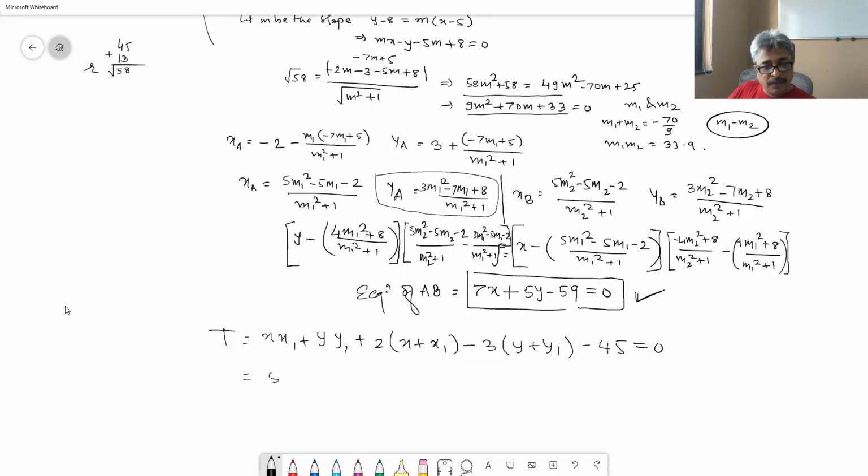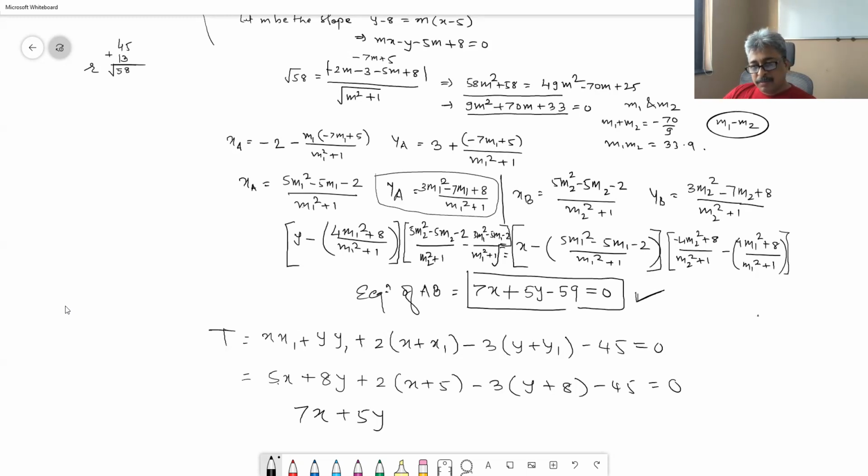But still, let us put that point here. We get 5x plus 8y plus 2 into (x plus 5) minus 3 into (y plus 8) minus 45 is equal to, let us see how much is this. 5 and 2, 7x; 8y minus 3y, plus 5y; 10 is to be subtracted from 24 and 45.